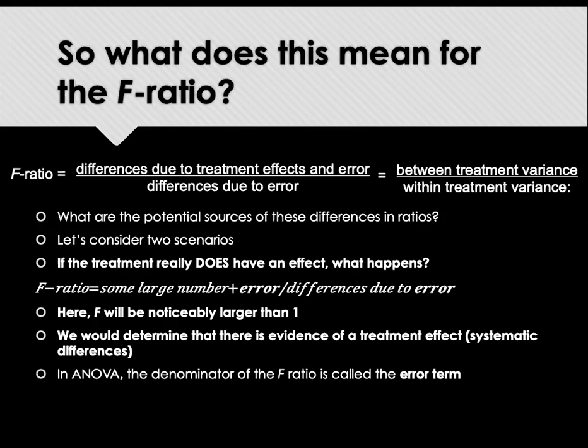In an ANOVA, the denominator of the F ratio is called the error term. So this is just another terminology point. When we were talking about the T statistic, the denominator was called standard error. Very similar concept. In ANOVA, it's called the error term. It represents just the differences due to error.